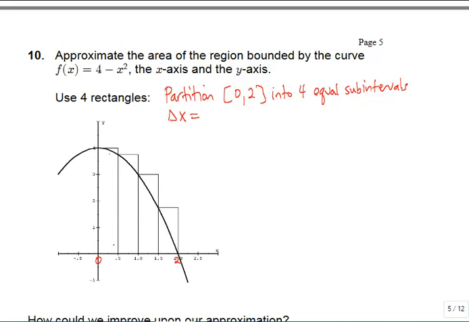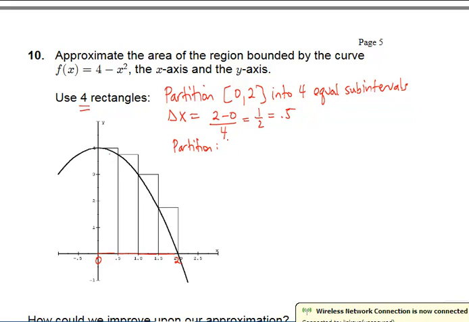To calculate that delta x, we take the entire length of the interval, which in this case is 2 minus 0, and we're going to chop it up in this particular example into 4 equal pieces. So 2/4 is the same as a half, or 0.5, and that's why each one of these has a width of 0.5 going across.